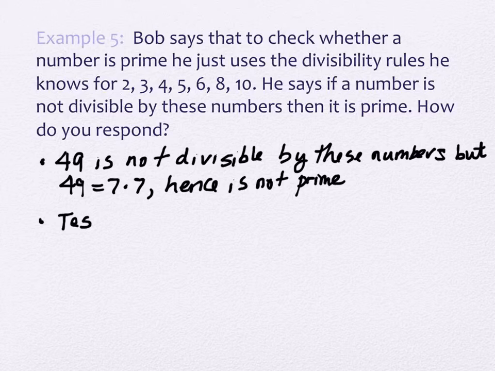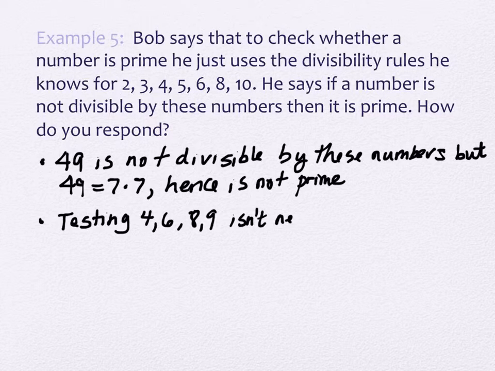So the other issue, and this isn't really directly addressing his problem, but it is something to be aware of, is that the numbers he tested that were unnecessary were 4, 6, 8, and 10. Testing isn't necessary, or isn't needed, because what is true about 4, 6, 8, and 10?